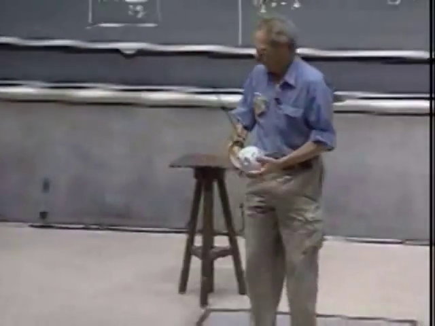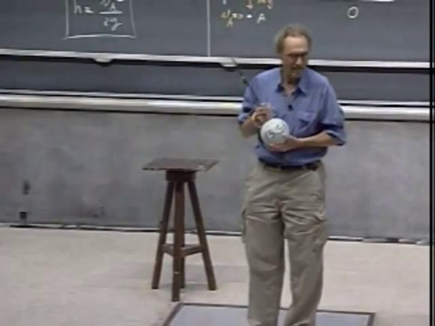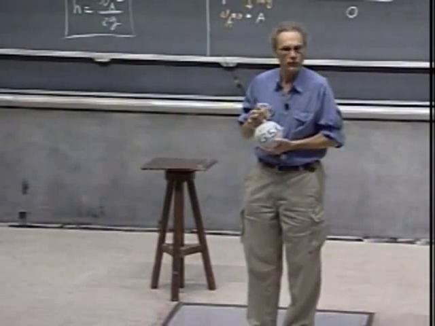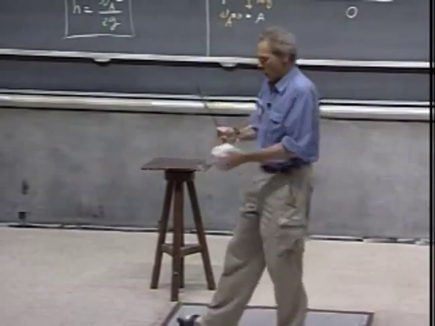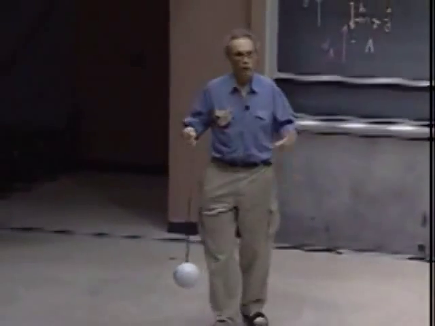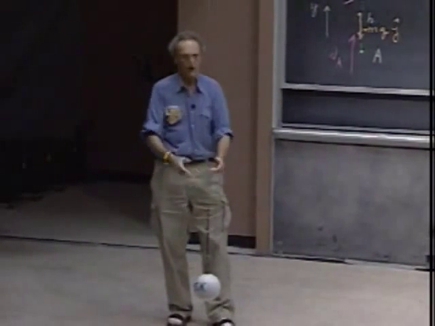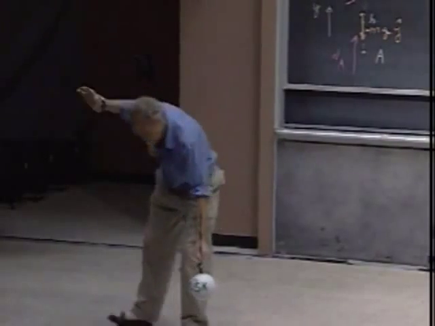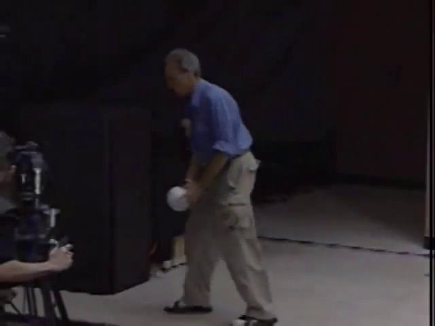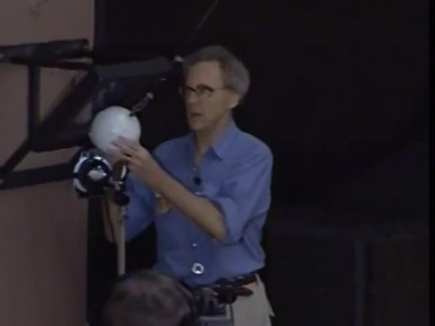If I would let it swing from 1 meter height, and you would be there and it would hit you, you'd be dead. 150 joules is enough to kill you. They use these devices, it's called a wrecking ball. They use them to demolish buildings. You lift up a very heavy object, even heavier than this, and then you let it go, you swing it, thereby converting gravitational potential energy into kinetic energy, and that way you can demolish a building.